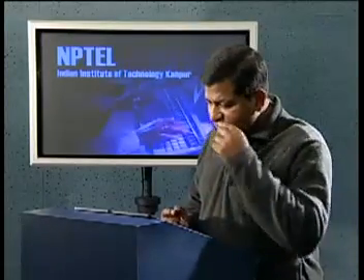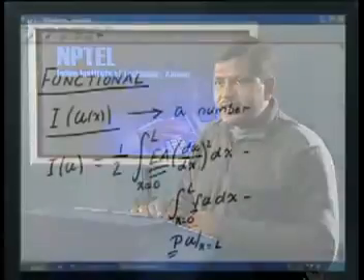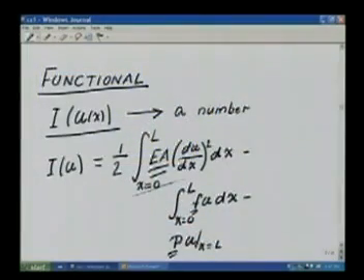So now if I give you a function u, then this integral is going to return me a number, this part is going to return me another number, and this part is going to return to me another number, and the sum of it will be I of u, which is a number.